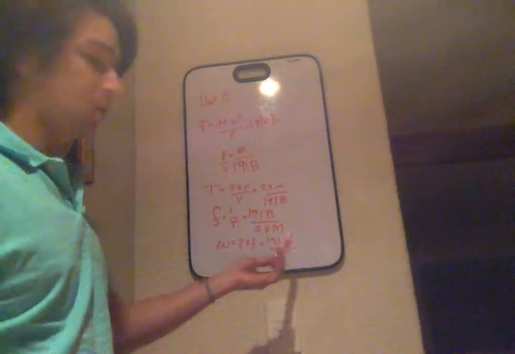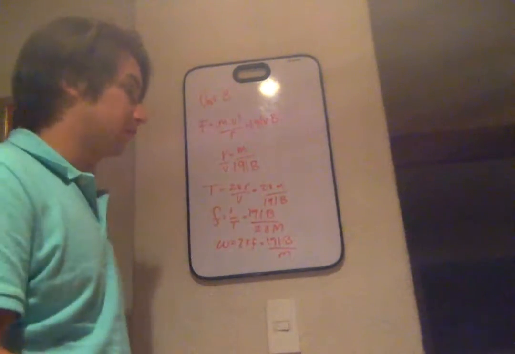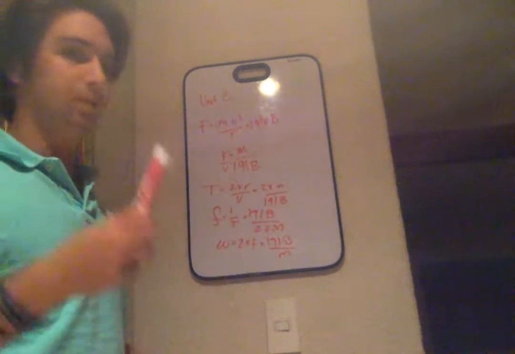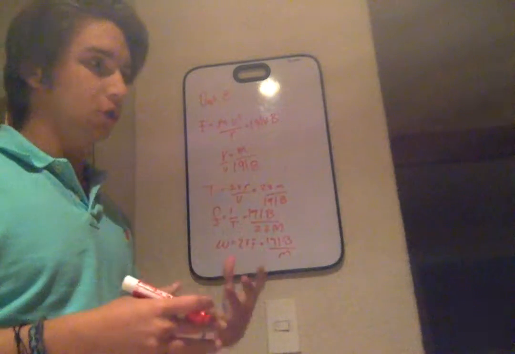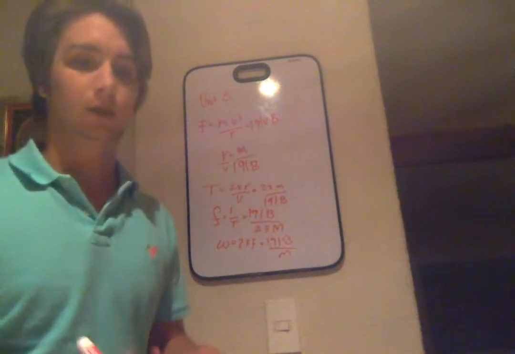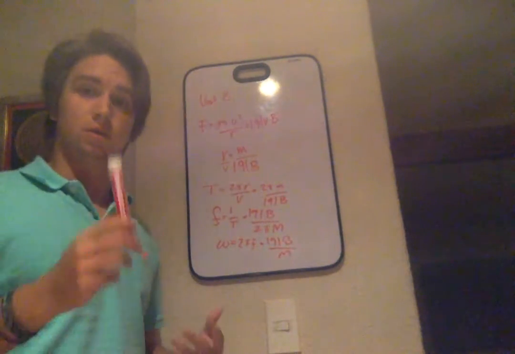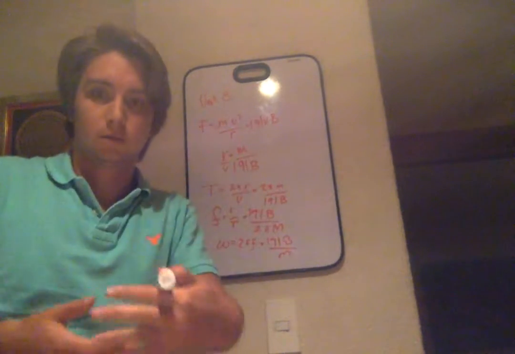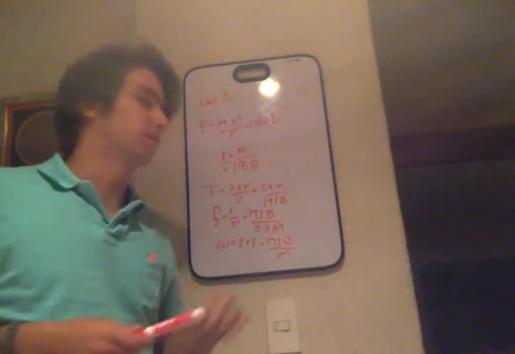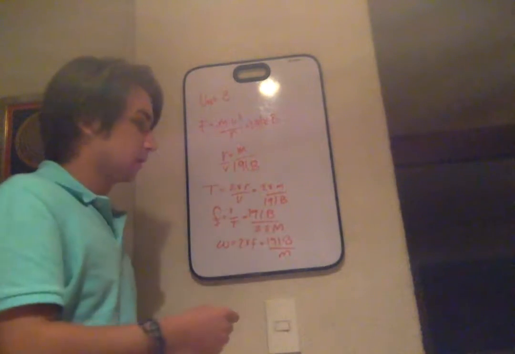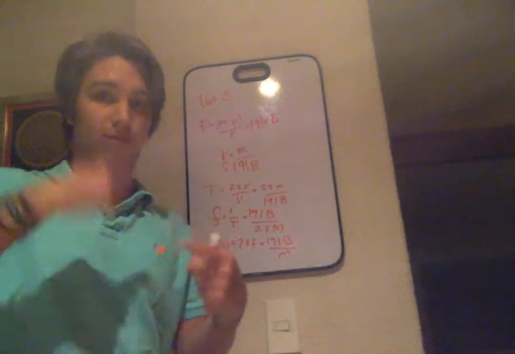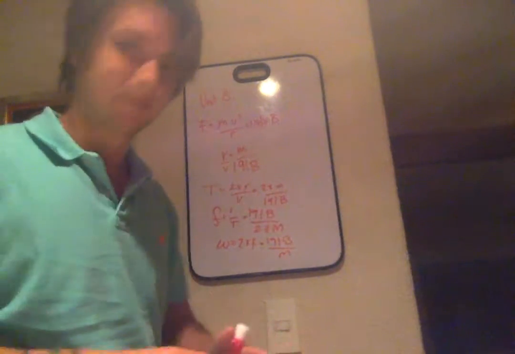So that's what I was saying before. The angular velocity will depend a lot on the charge and the field, and it's inversely proportional to the mass, because if we have bigger mass, the motion will be slower, and if we have a bigger charge or bigger field, then the motion will be faster. That's simple, right?